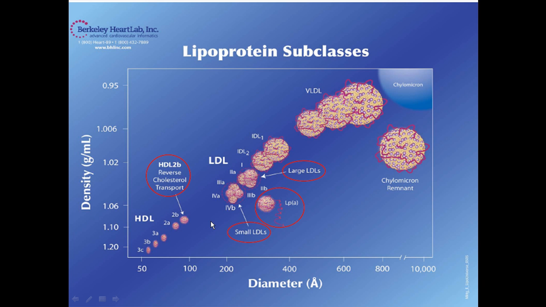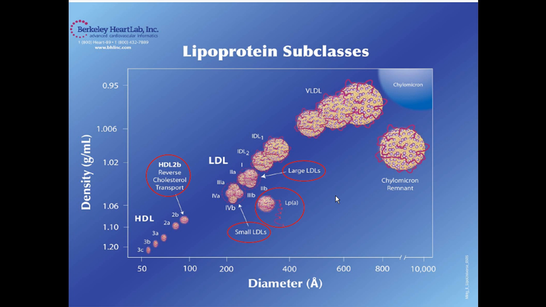And then the HDLs, there are different classes of HDLs, and I haven't read much about the differences between the classes, but what they're indicating here is that the size HDL2B is the one we want.